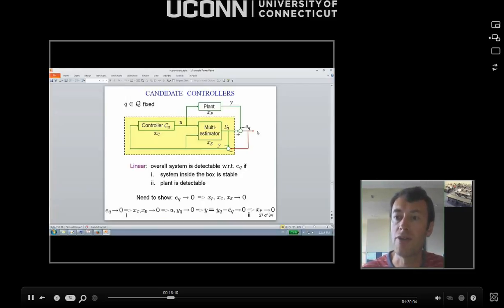You would just focus on the error dynamics, the error between the output of the plant and the trajectory it's trying to track, and you would adapt this thinking to that scenario. Maybe some small changes would be necessary to relabel everything, but you would show convergence to zero of the tracking error in the same way as I'm showing here, convergence to zero of the plant state.